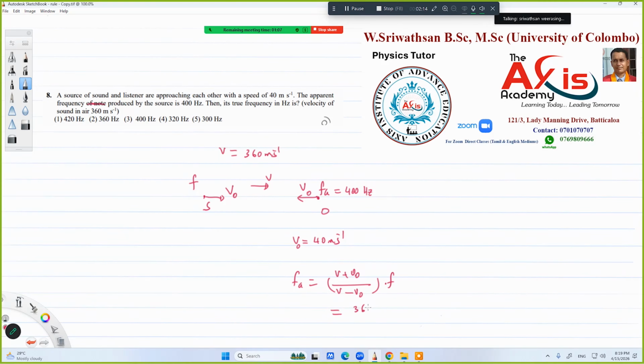So this is 360 plus 40 over 360 minus 40 into F. The Fa is only 400. You need to find the frequency emitted by the source. Now if you find F from this, that will be 320 hertz, the fourth option.